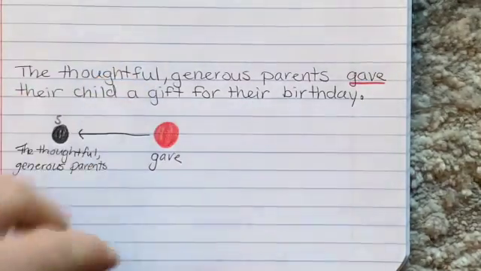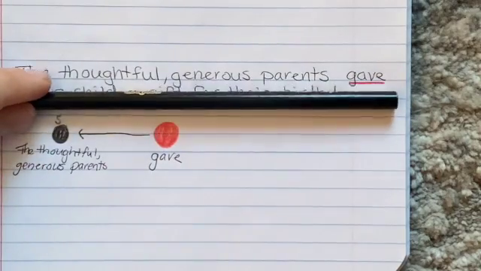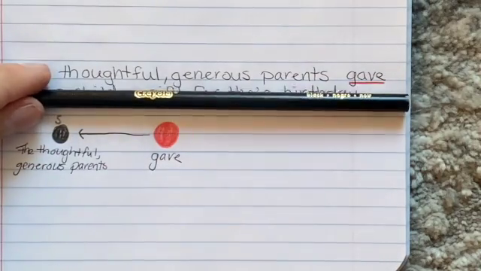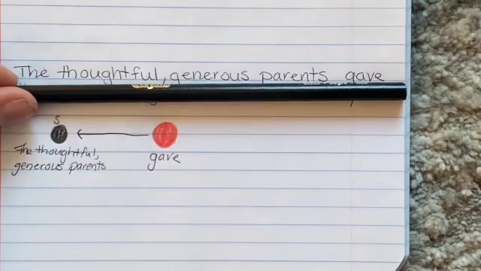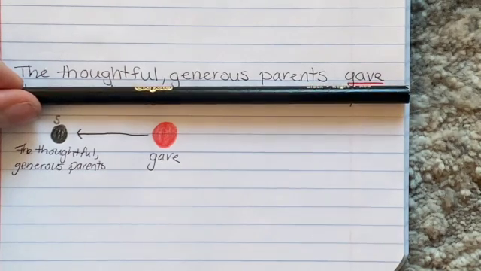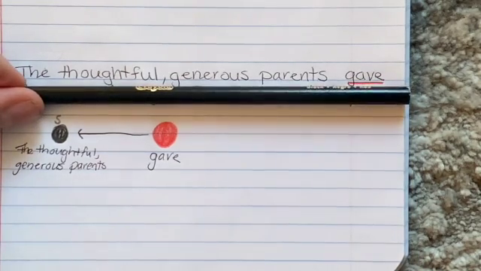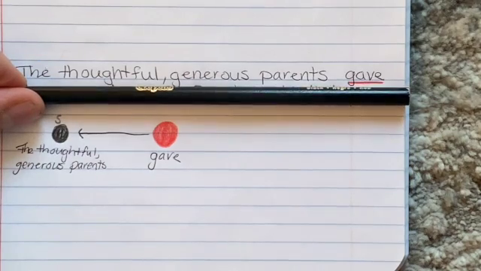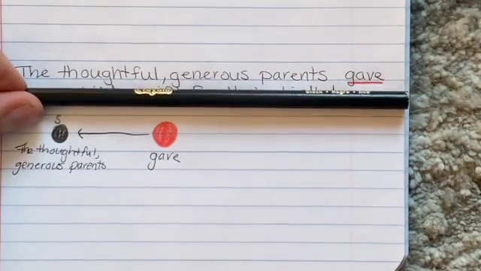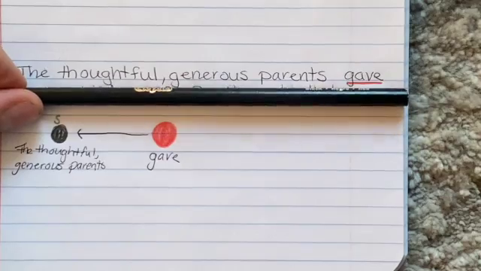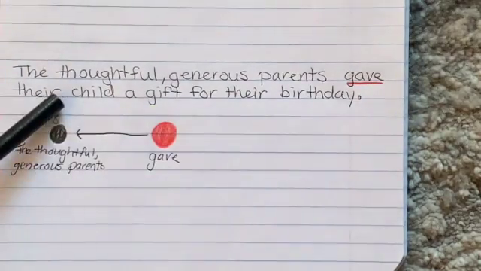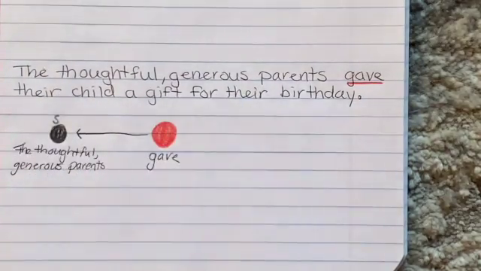If we stopped there and just said the thoughtful, generous parents gave, does this sentence make sense or do we need more information? Yeah, we need to figure out, well, gave what? And this sentence does answer the question, gave what? They gave their child a gift for their birthday.